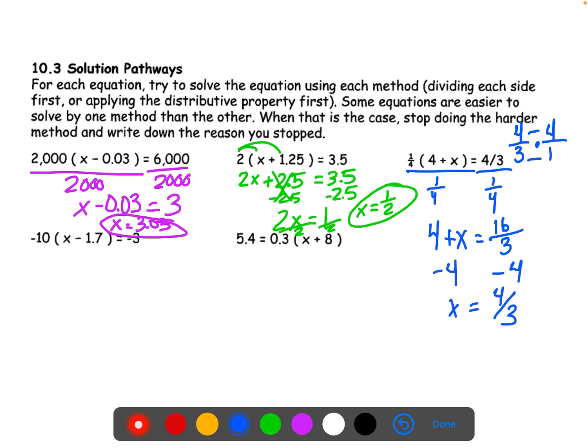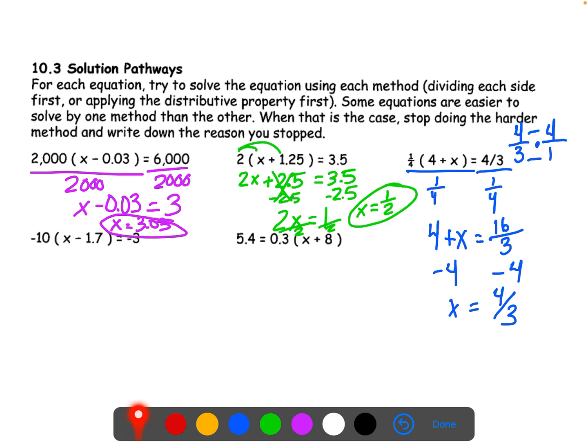Take a look at the next two. Decide what you think might be best to do these without needing a calculator as often. So look at this -10 here. Now we've got some negative numbers. Decide, is that going to go nicely into this total over here, or would it be better to distribute it to the values in parentheses?